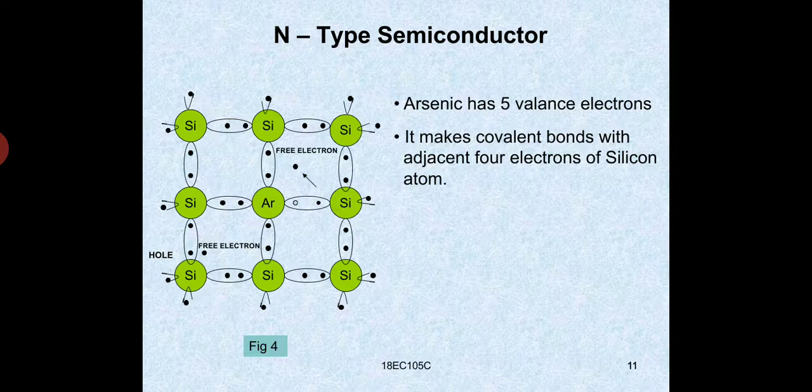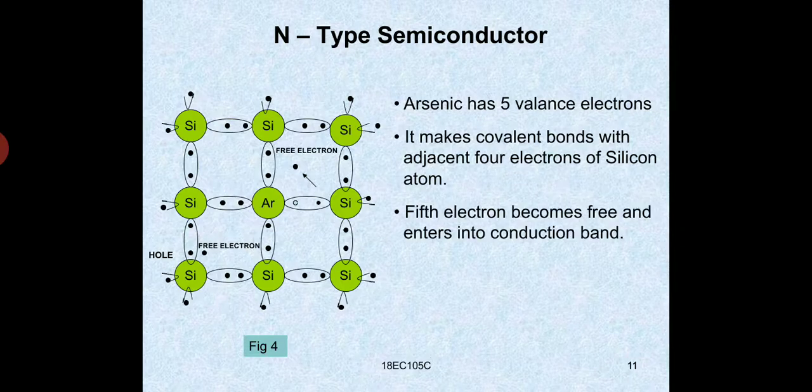After sharing 4 bonds with silicon, it is left with one free electron, which is freely available. So this is how we are able to create a free electron in a pure semiconductor, which will be useful for carrying current, or the electron flow. The fifth electron here becomes free, and that will enter into the conduction band.